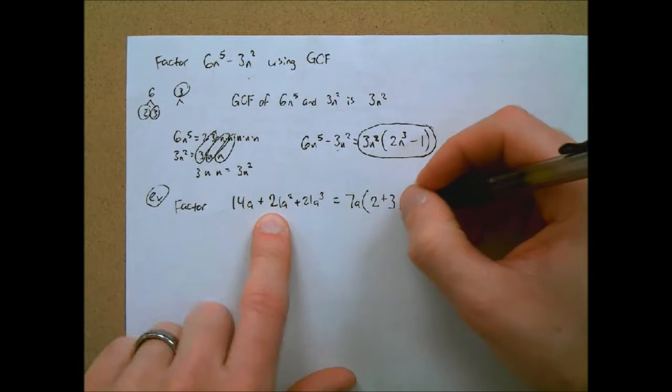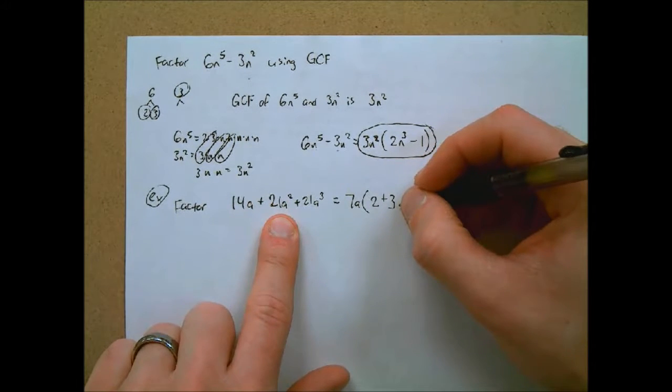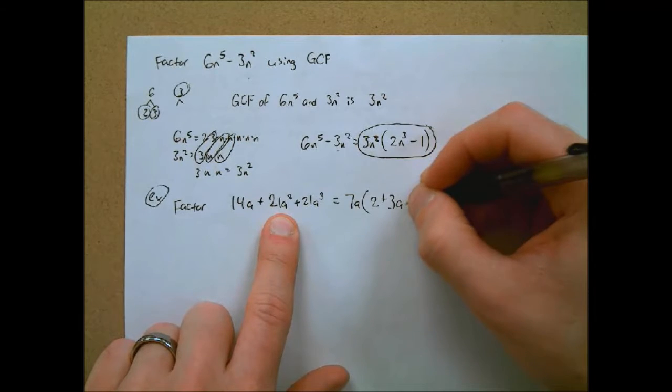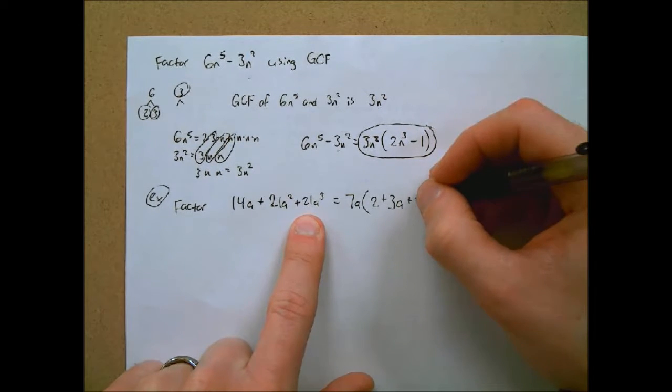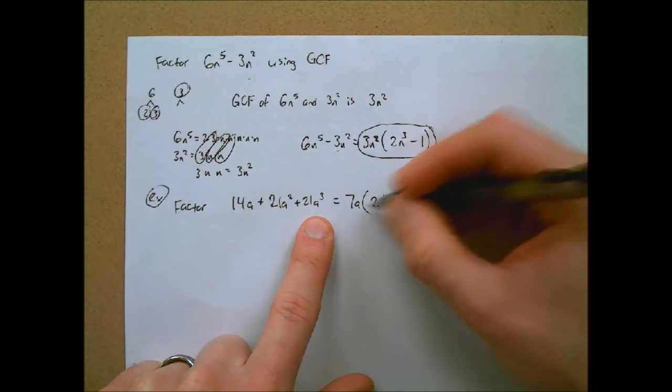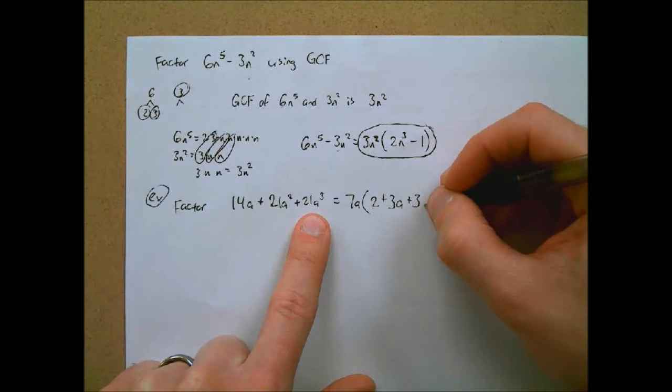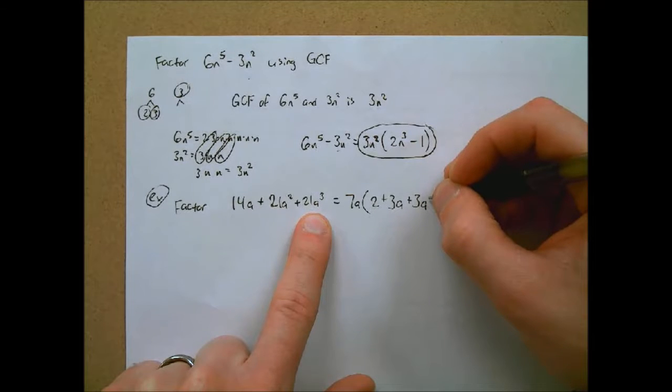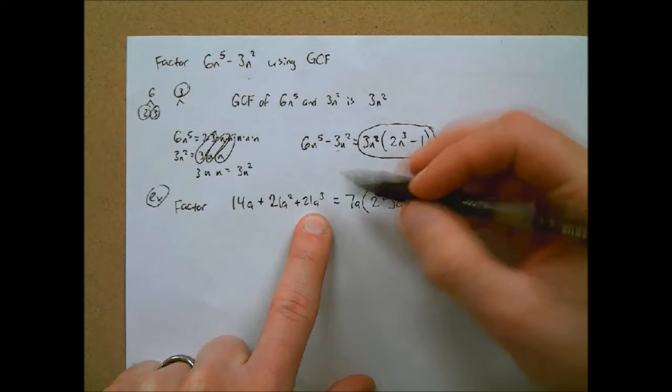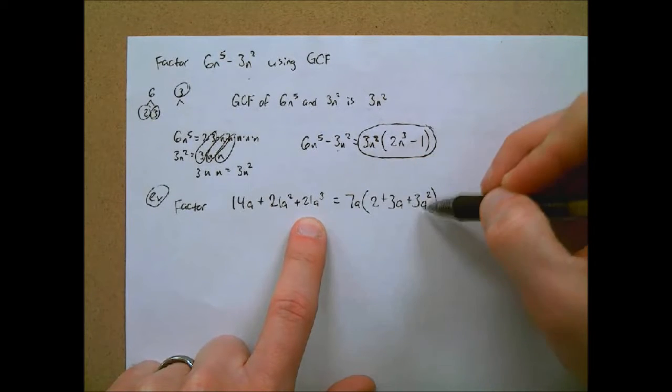Divide an A from the A squared, what's going to be left? Just A, right. Divide this 21 by a 7, it's a 3 again, but divide the A from the A cubed, what's going to be left? A squared. Because we had a cubed, you take an a out, you only have a squared left over.